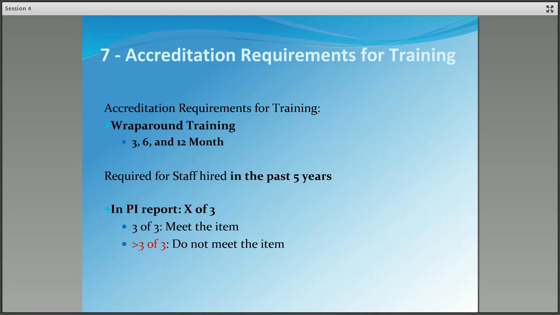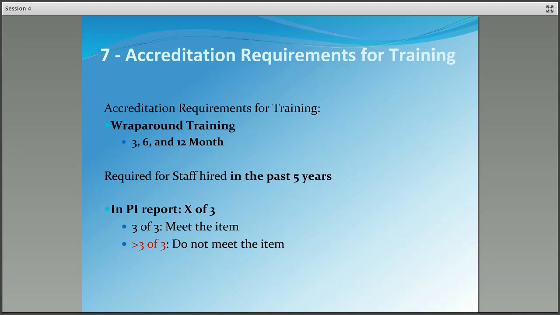Number 7, accreditation requirements for training. We can use the same advice on correct data entry for the wraparound training at 3, 6, and 12 months. They are required for staff hired in the past 5 years, and time is of the essence. Wraparound trainings will show up on your PI report as an X of 3.